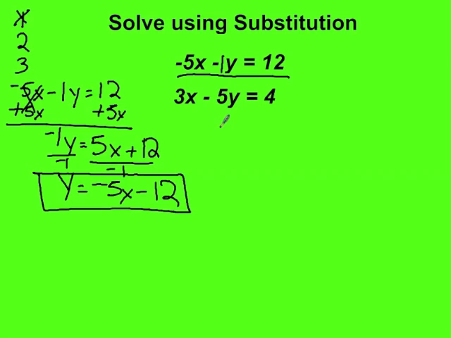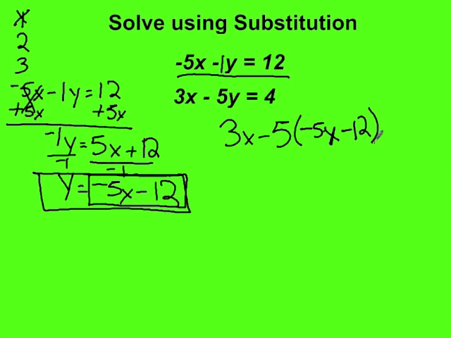So I get 3x minus 5 times y. But now, instead of using y, my y is -5x minus 12. I'm going to plug that into this equation. 3x minus 5 times (-5x minus 12), finish this up, equals 4.